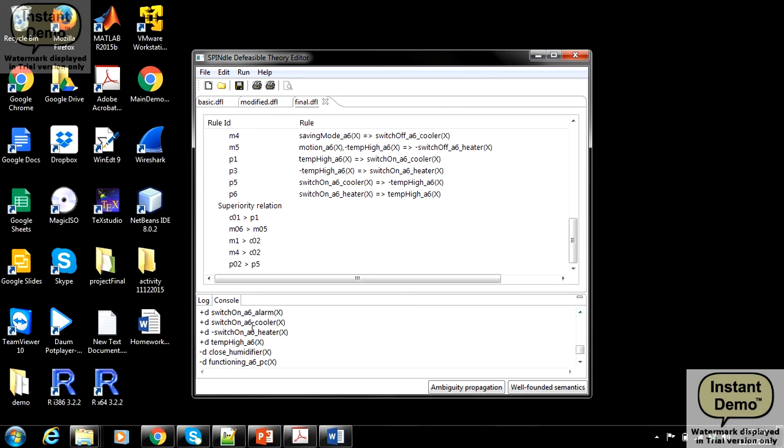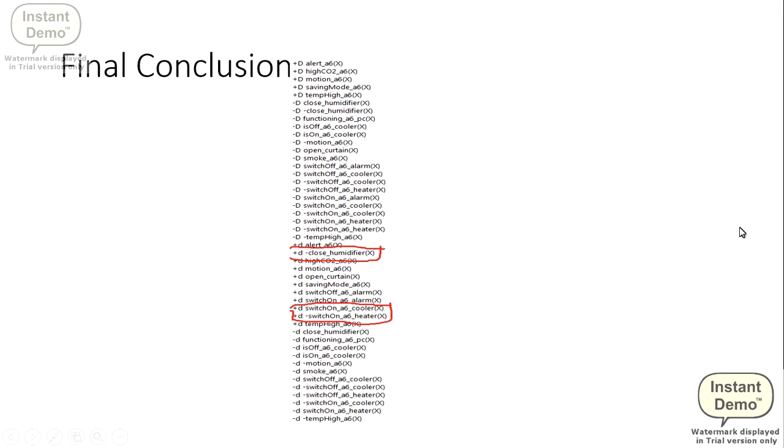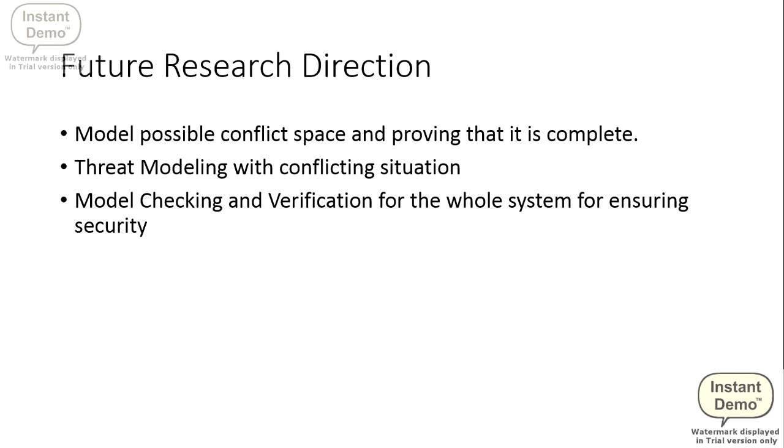You see here the cooler is on. And here the heater is not on. That means in the same room this kind of conflict is not happening. So this is actually our main contribution, that we have formulated how the conflicts can occur, and we solved them, and the whole thing is automated.